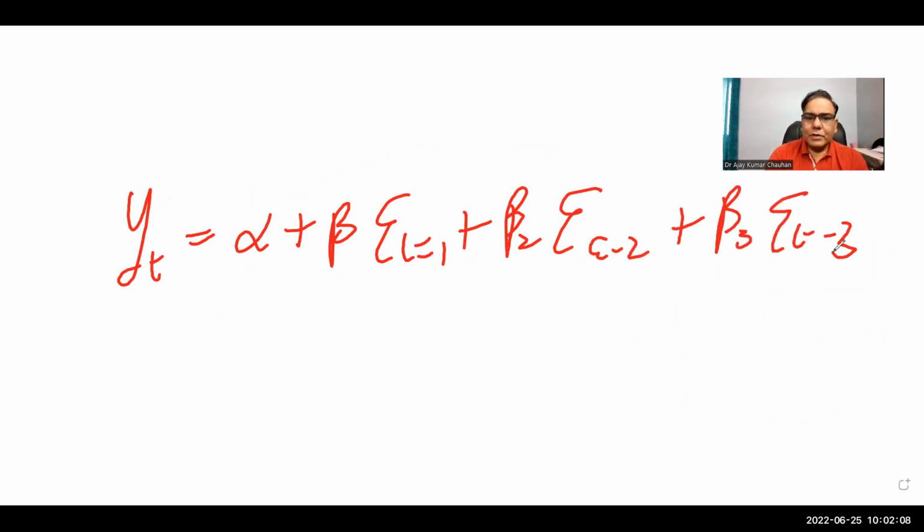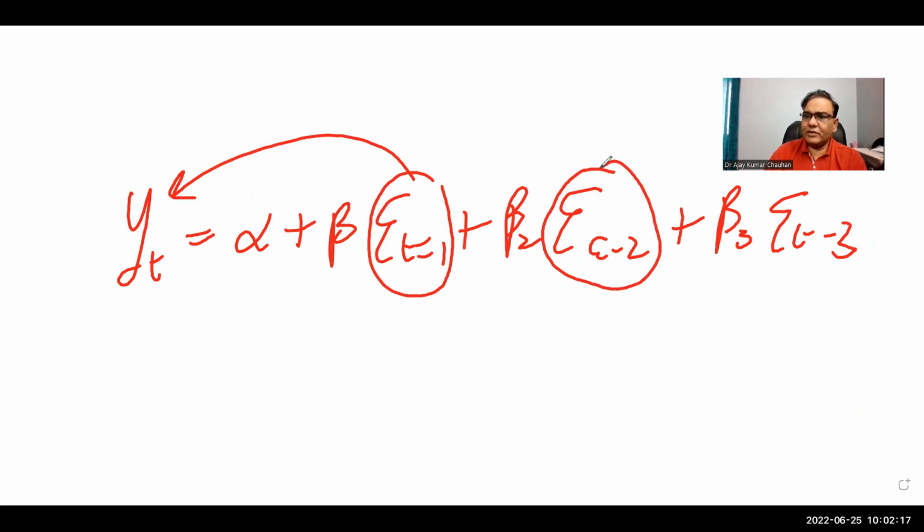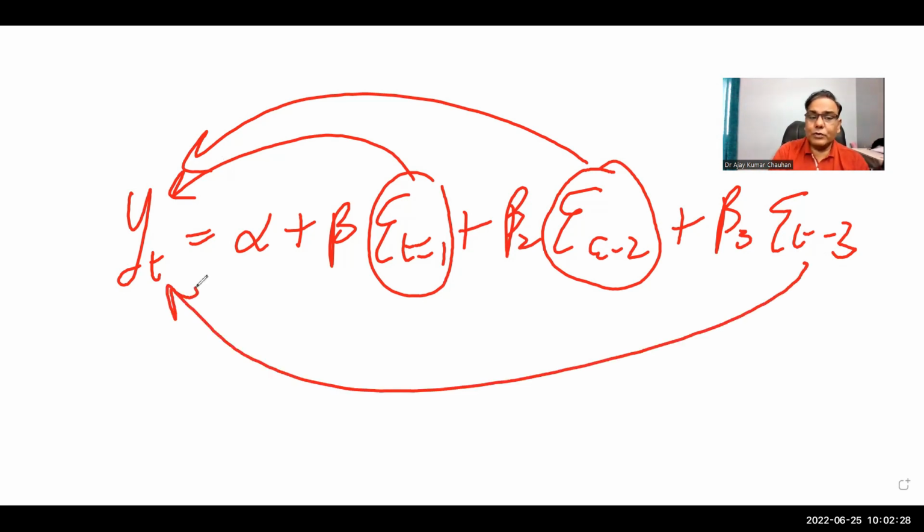So the error term of yesterday also influences the next moment. The error term which comes 2 days back also influences today's movement. Similarly, the error term which comes 3 days before or 3 months before is also influencing the movement. And it's all because of information asymmetry.